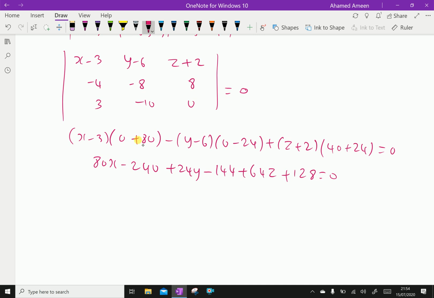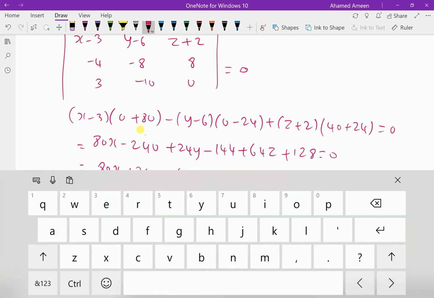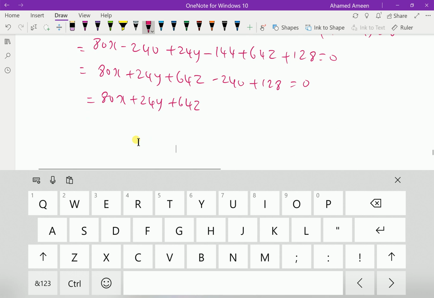Now collecting 80x plus 24y plus 64z and minus 240 minus 144 plus 128 equal to 0.